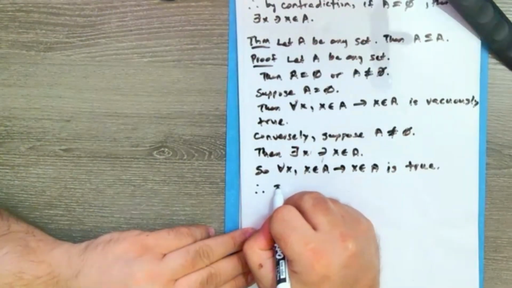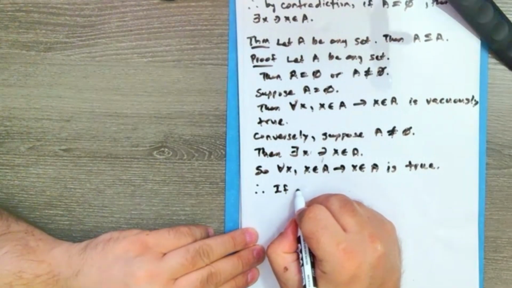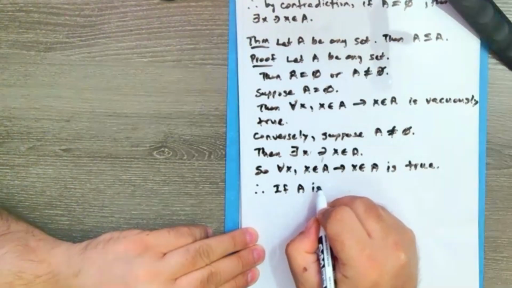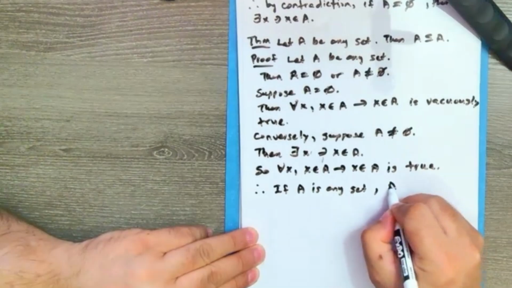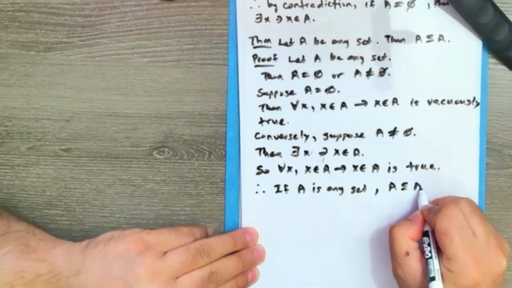And therefore, if A is any set, A is a subset of itself.